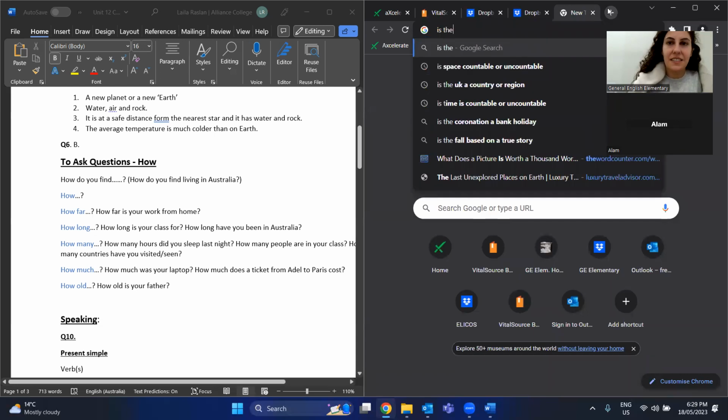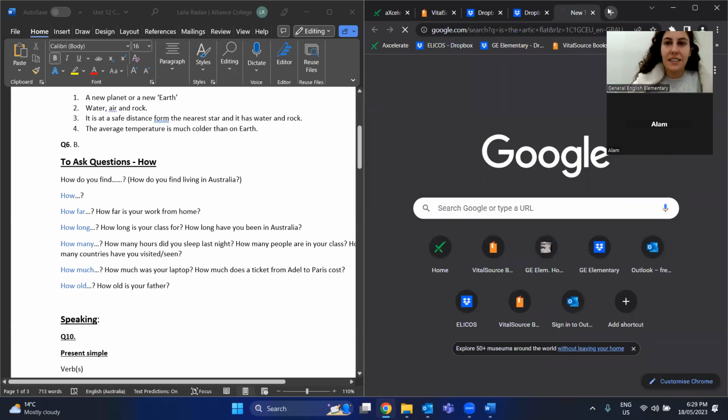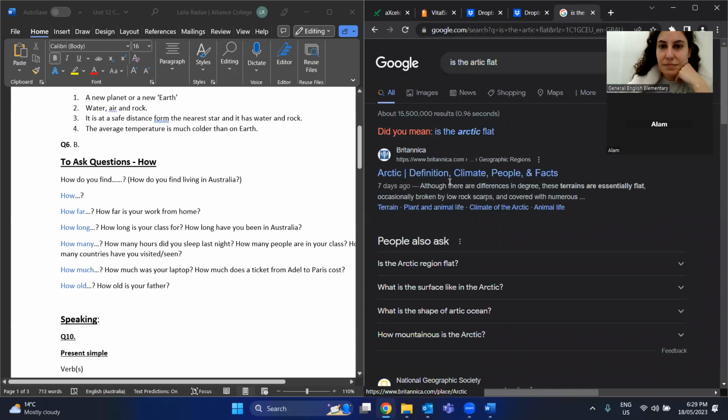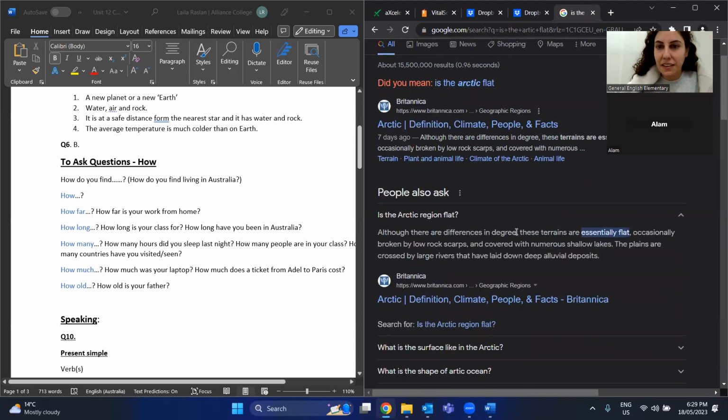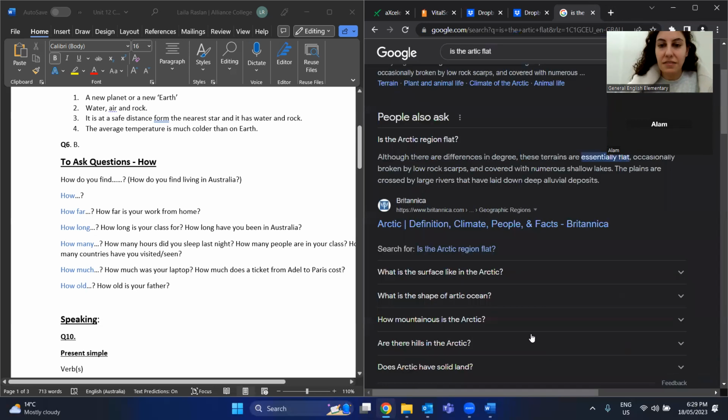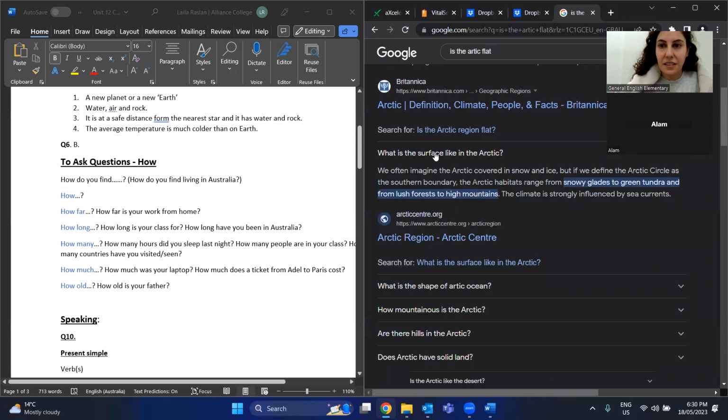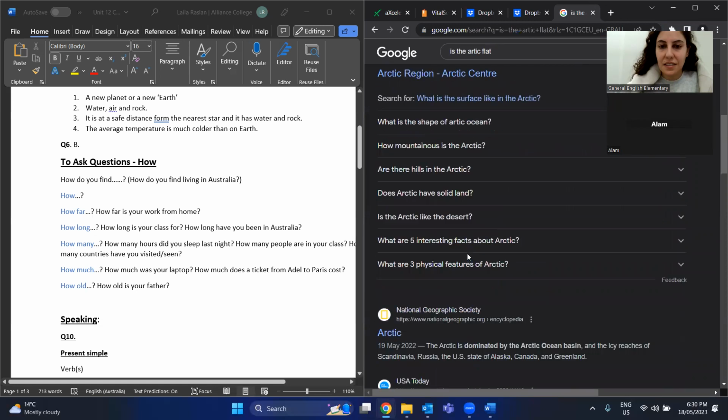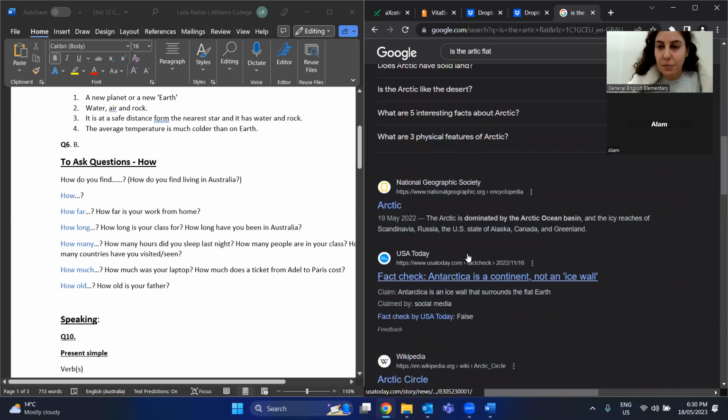Is the Arctic flat? Yeah, they're flat. Low rocks. I mean, it's pretty much flat. Essentially flat. Because I imagine south is different, but the top, I imagine it pretty flat.